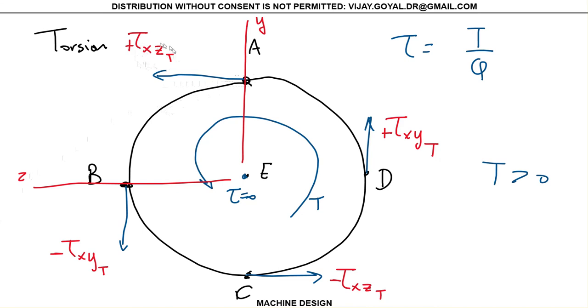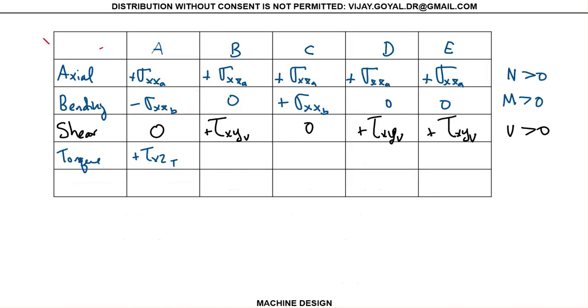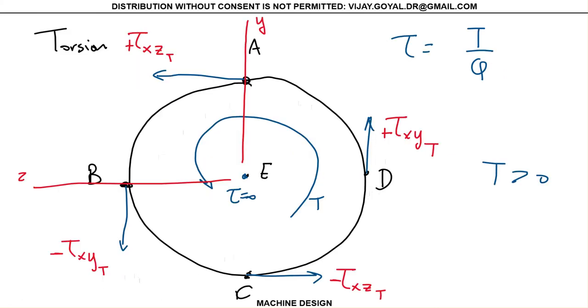Then in B you have minus tau xz torque plus tau xy torque, and then you have 0 in the middle. These values all come from doing a free body diagram of what happens to torque. Again, this is assuming a positive torque. If it's going in the opposite direction, all the directions change. Okay?